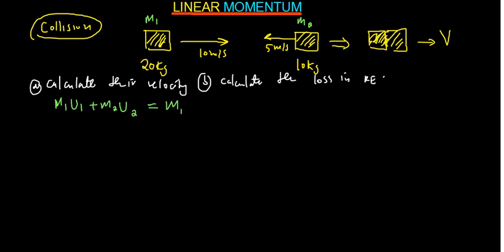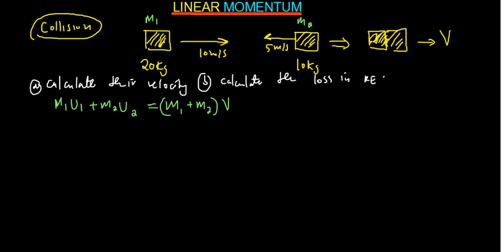Instead of writing it like that, I'm going to write m1v plus m2v. Since v is common, I'm going to factorize it and write m1 plus m2, multiplied by v. So just add these two masses and multiply by the velocity because they are moving as a unit. That will be the momentum at the end.